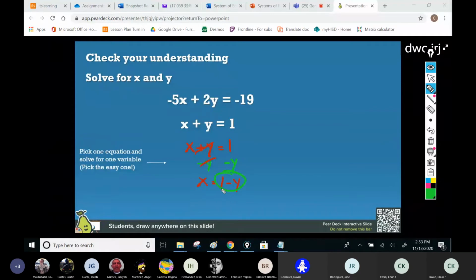And I'm going to take this, put it into the other equation, and replace the x, all right? Replace x. So negative 5 times 1 minus y plus 2y equals to negative 19.